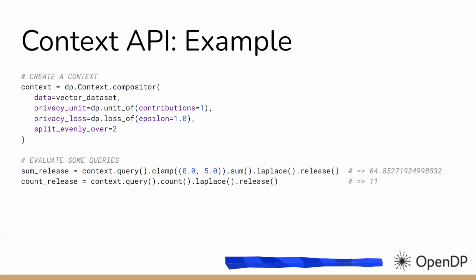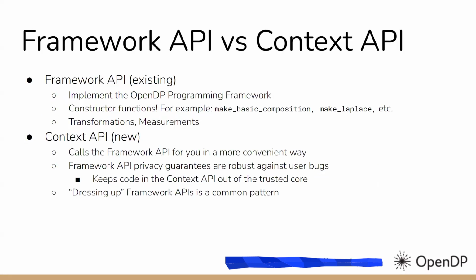So I've released 2 queries here, a sum and a count. The scale parameter you would usually pass into the Laplace is automatically discovered. So just to compare, we have this existing framework API that we've had for years, which we're now calling the framework API. And it implements the OpenDP programming framework.